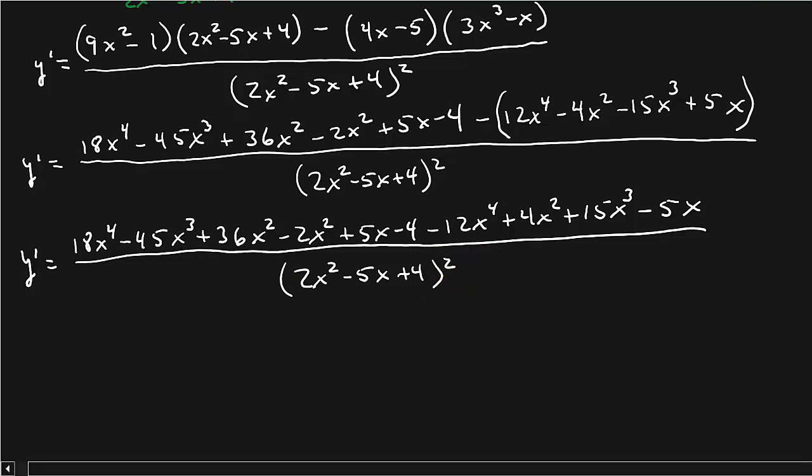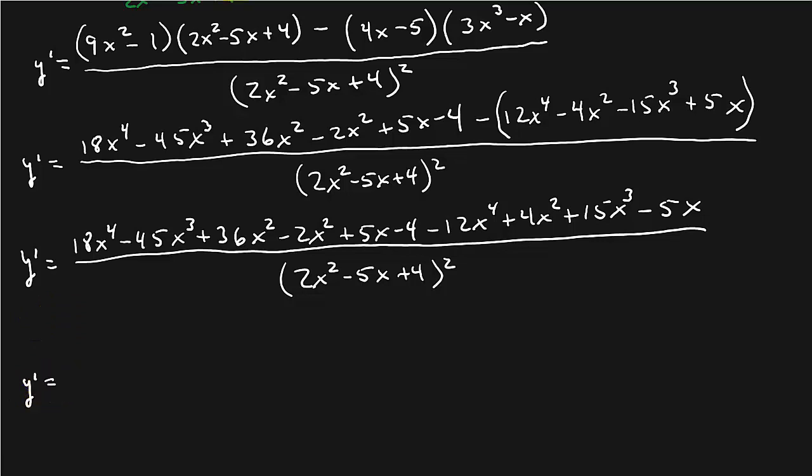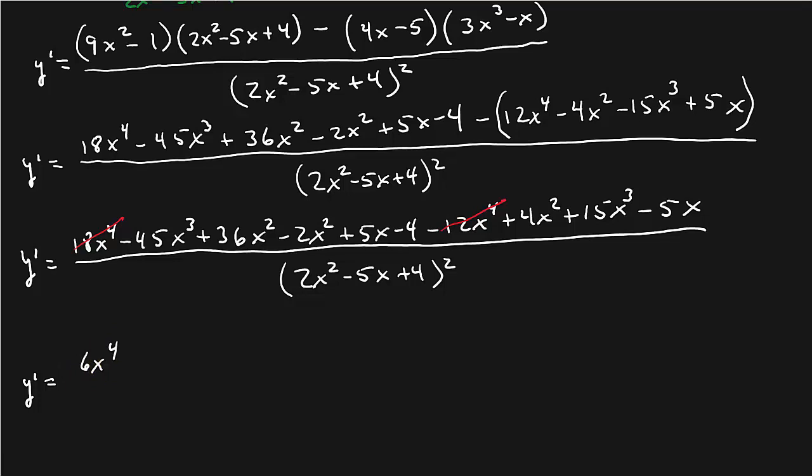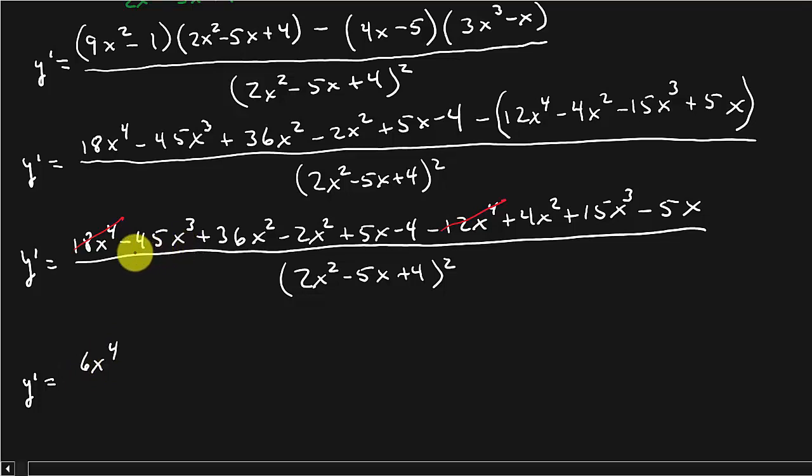All right, so let's combine like terms. So I have y prime is equal to, so let's start with the largest exponent. So 18 minus 12 is 6x to the fourth. Now let's go to cubed. So that's negative 45 plus 15.